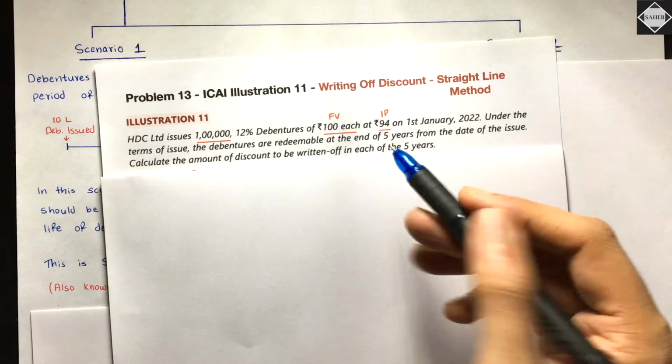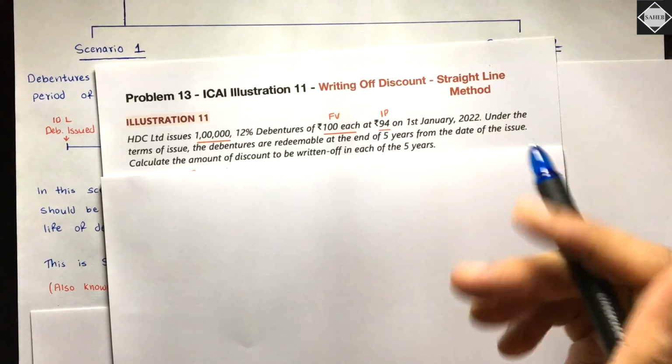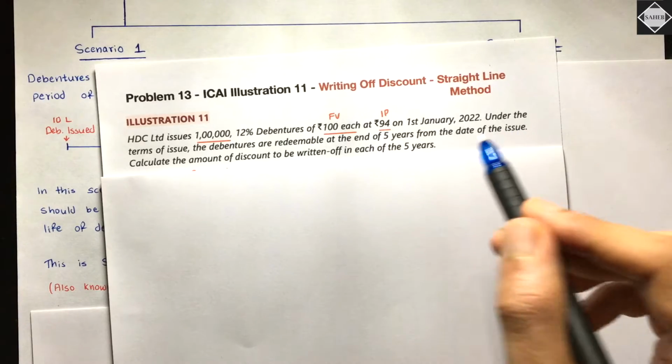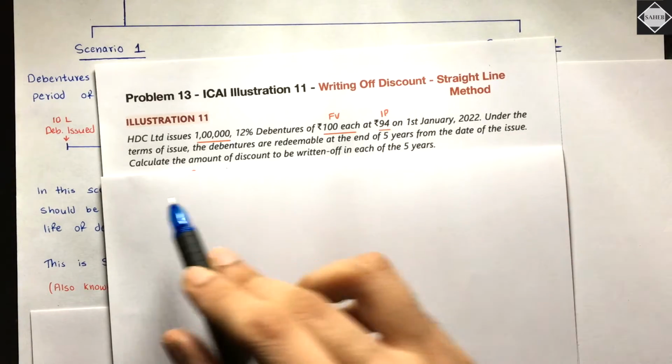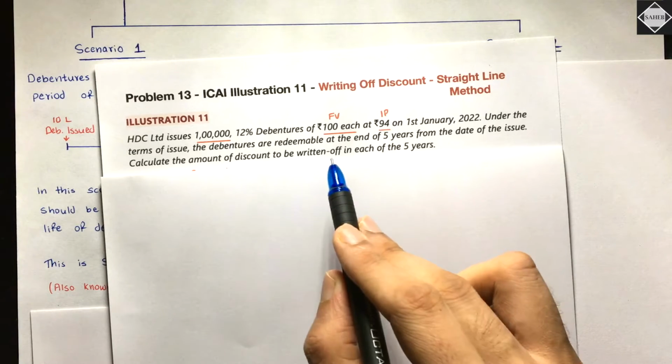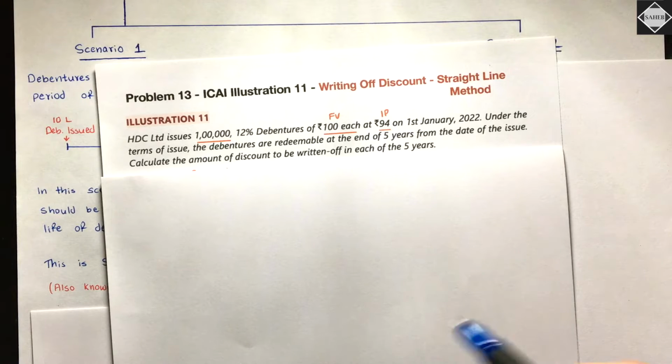Now we are assuming the redemption will happen at par only, because they are not saying premium or anything, right? And it will happen after 5 years from the time of the issue. Calculate the amount of discount to be written off in each of the 5 years. Yes, that's what we have to calculate. How much amount to write off in a particular year, that's what we have to calculate, right?